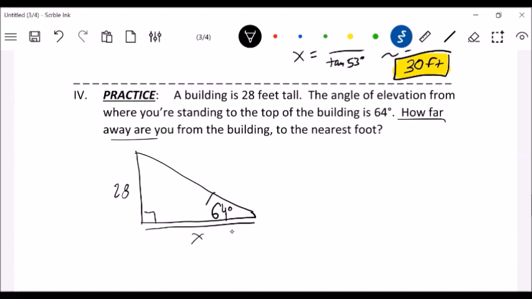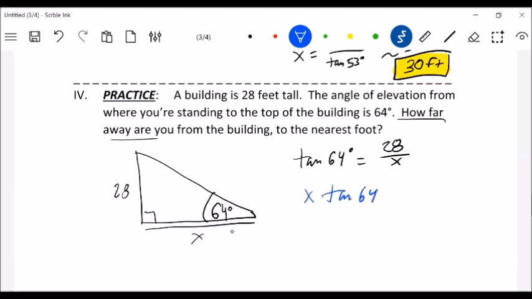Once again, for this angle 64 degrees, we have an opposite over an adjacent. So we can say that the tangent of 64 degrees is equal to 28 over x. If you did this correctly, it meant multiplying both sides by the x, and we get x tangent of 64 degrees is equal to 28.